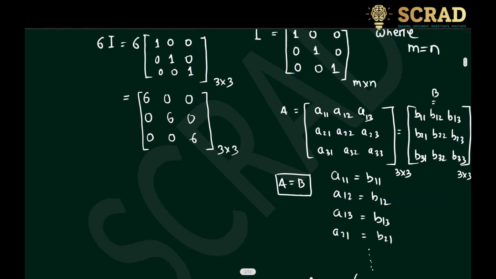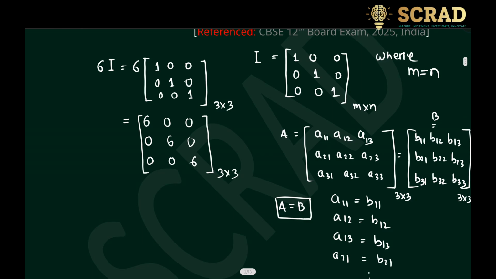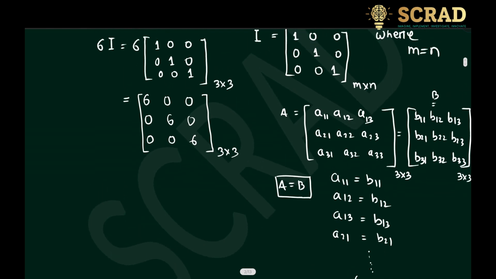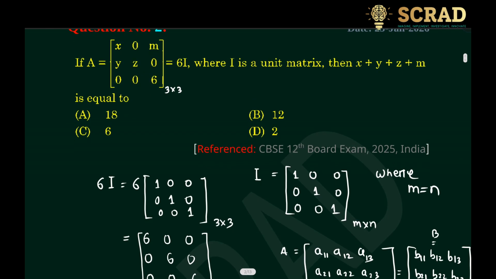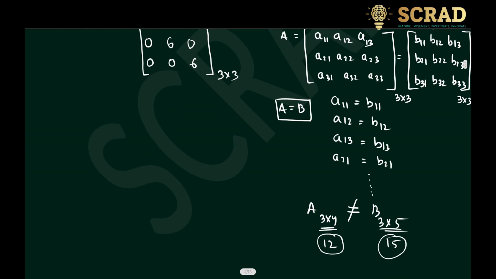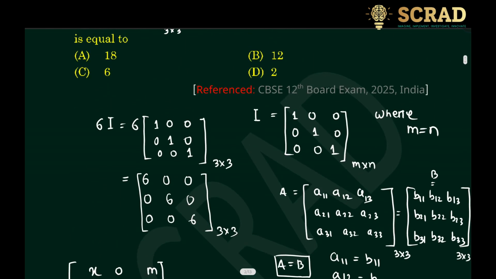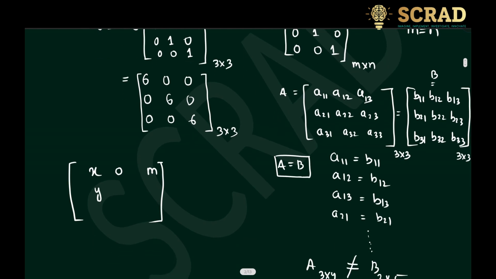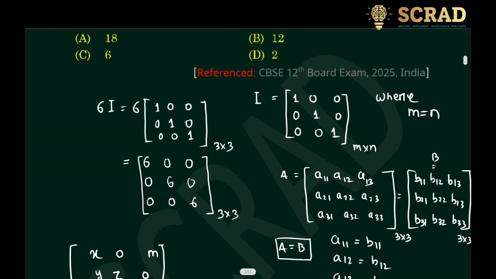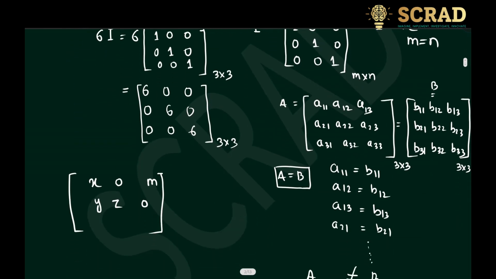Now after multiplying 6 with I, I got [6 0 0; 0 6 0; 0 0 6]. That is the resultant matrix. Then I have to compare it with the given matrix. The given matrix I have to write here: [x 0 m; y z 0; 0 0 6].